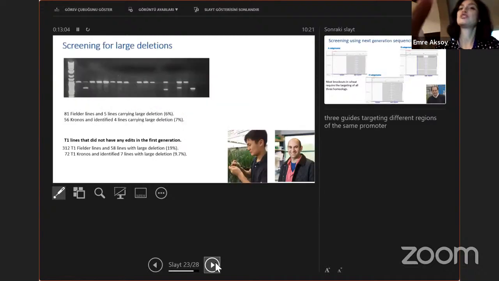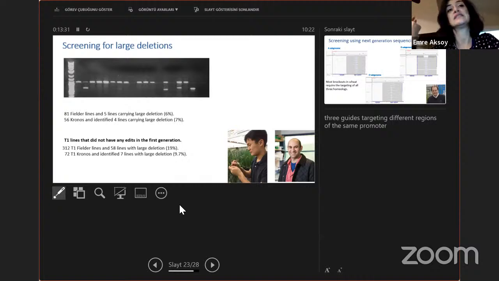This is again Cristobal and Cristobal's PhD student's target, and in this one they targeted the promoter region and used 3 guides. They didn't check any SNPs and small deletions, as their target was just large deletions. That's why they only PCR'd, and you can see they got 6% in Fielder and 7% in Kronos. They got some large deletions, and they even sent them for Sanger sequencing.